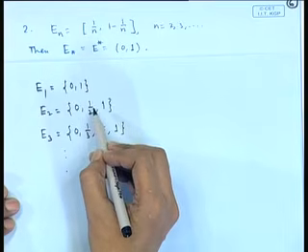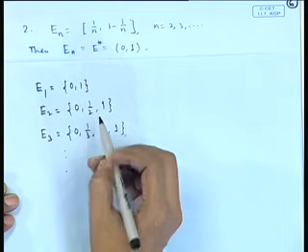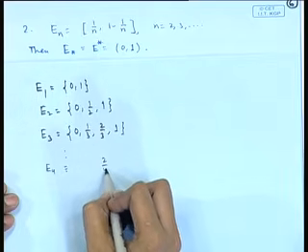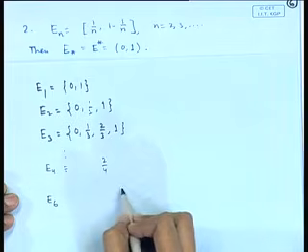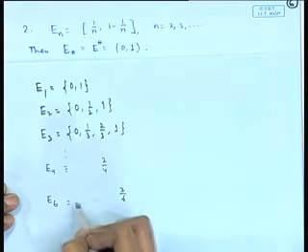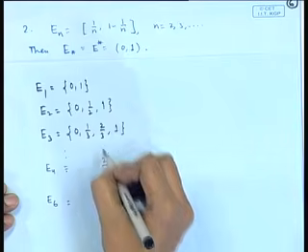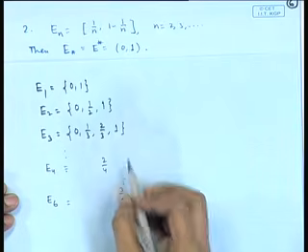For example, the point half will belong to E4 because 2 by 4 will come, it will belong to E6 because 3 by 6 will come. So, it will belong to infinitely many sets, but it will not belong to all but finitely many.